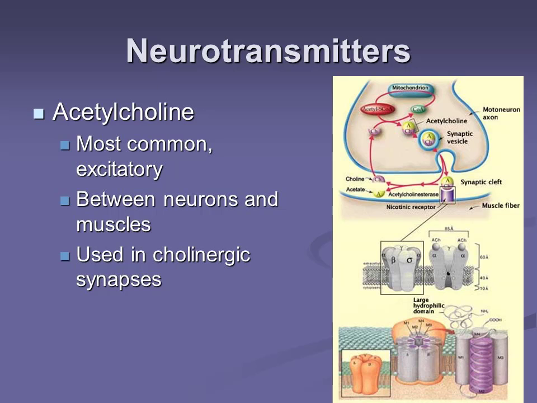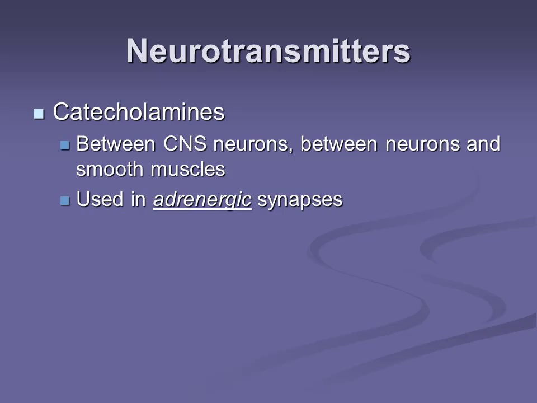Another broad category of neurotransmitter are referred to as the catecholamines. Catecholamines are neurotransmitters derived from tyrosine, a single amino acid. One example of a catecholamine is norepinephrine.